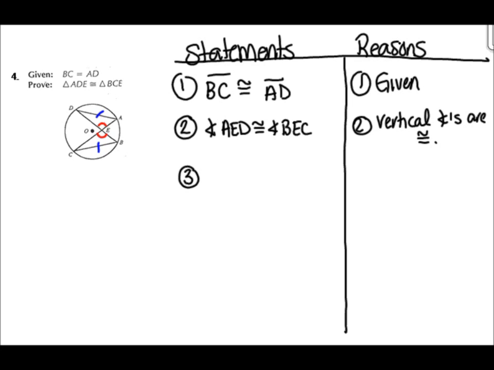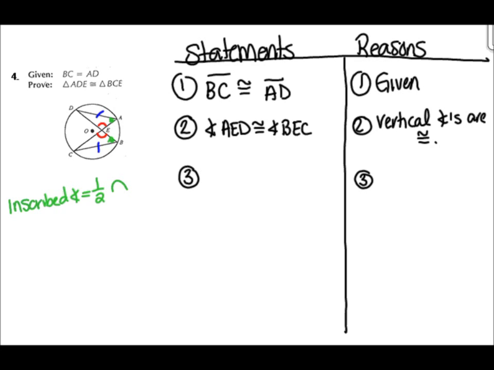And now we need either another angle or another side. So here's what we're going to do next. Angle A and angle B are actually both congruent to each other. Here's why. Angle A and angle B are both inscribed angles. And we know that inscribed angles are 1/2 of their intercepted arc.